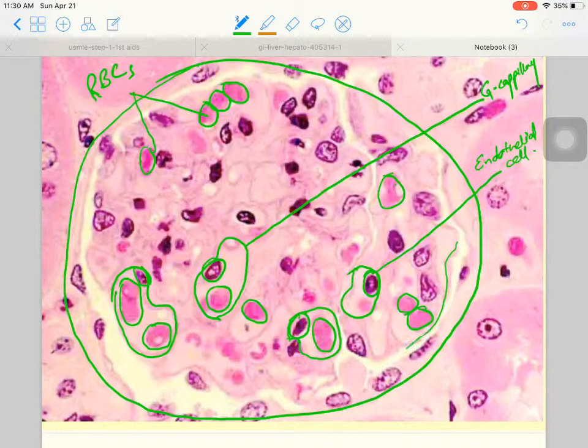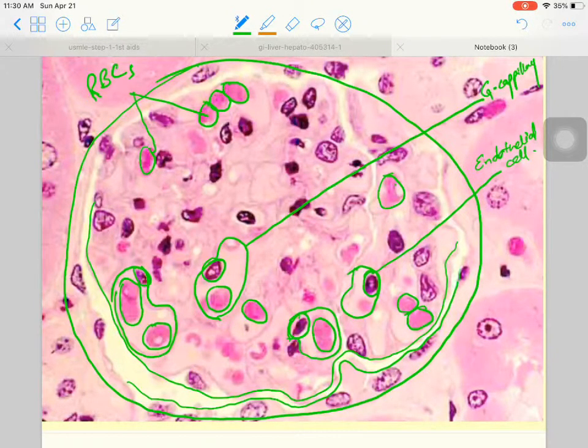Okay, and the next structure here we can see is the space. It's a very fine space, and this space is surrounded by two layers of cells, visceral and parietal. These are the parietal cells.